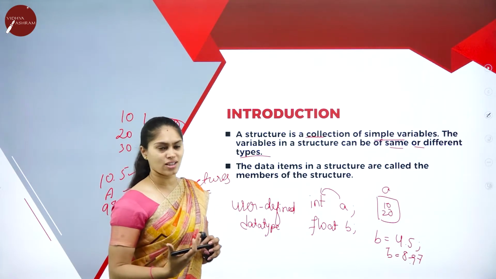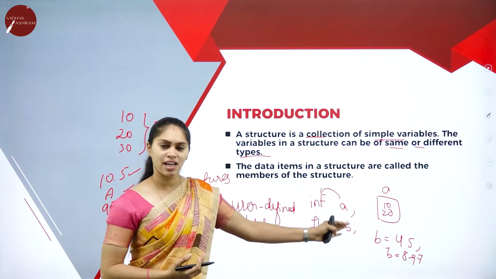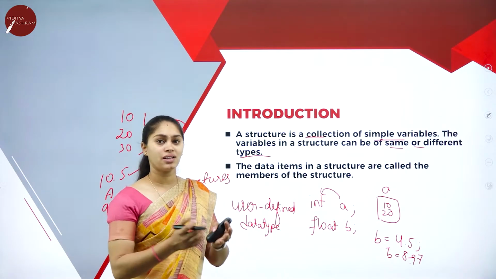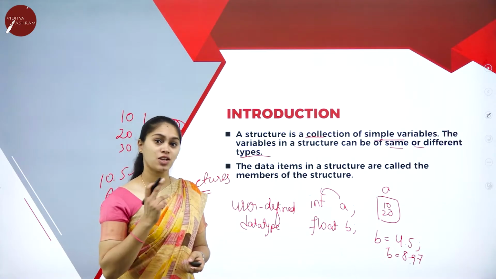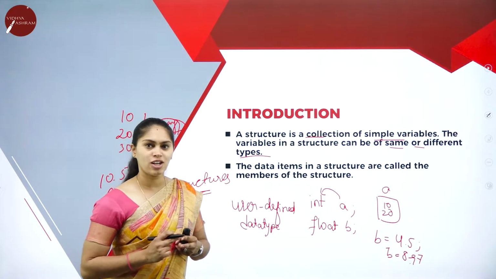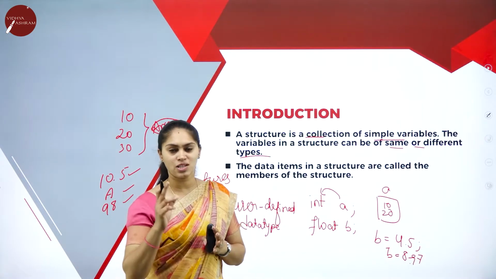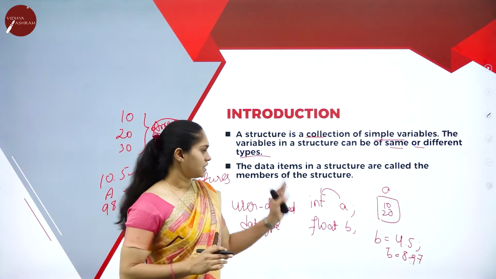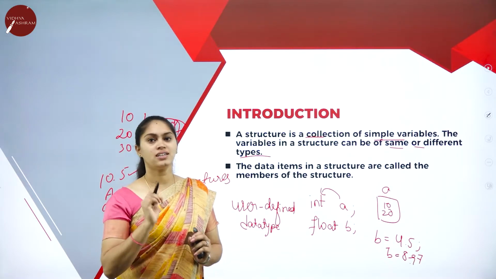When I use a structure, I can have an integer, a floating point value, a character, every data type in my structure. That is why we call the structure a user-defined data type, and it allows me to create a variable of my own kind of data type.